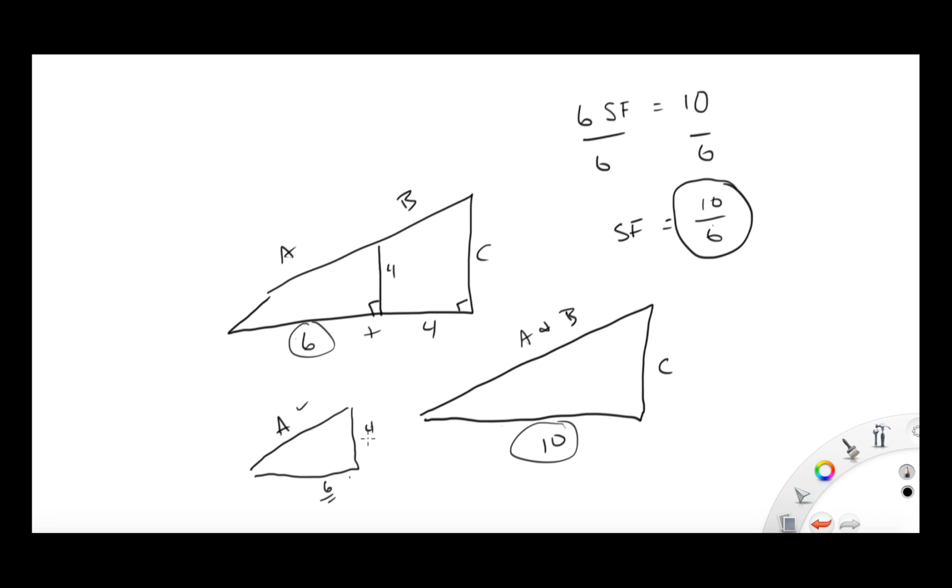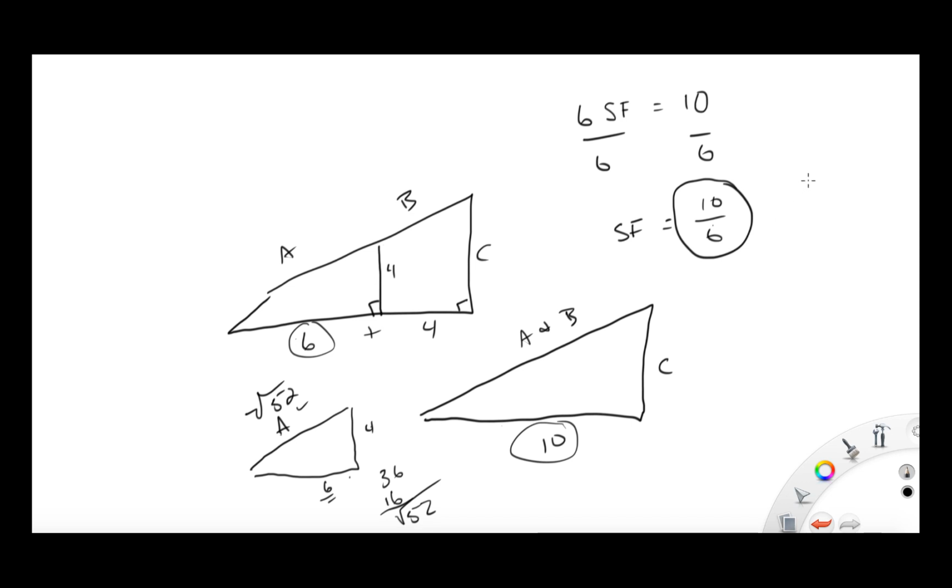So in this case, we have 6 squared, 36, plus 4 squared, which is 16, gives us 52. The square root of 52 is A, and can that be broken down into something a little bit easier? No, it can't. So what we're going to do is multiply the square root of 52 by 10 over 6 to come up with this whole thing.